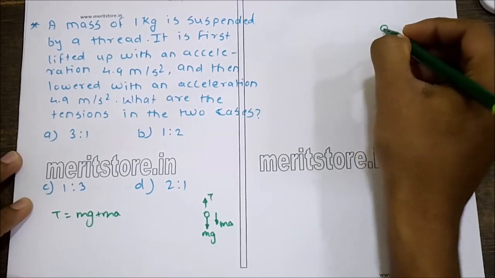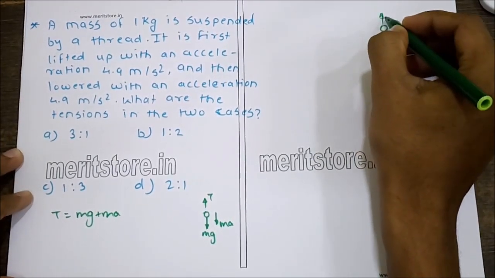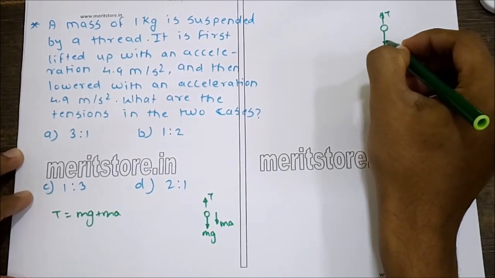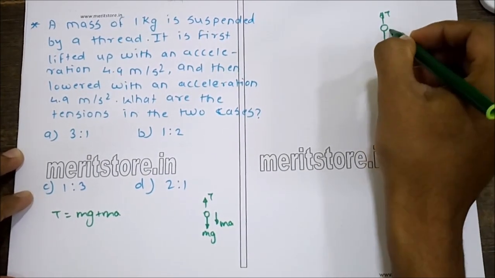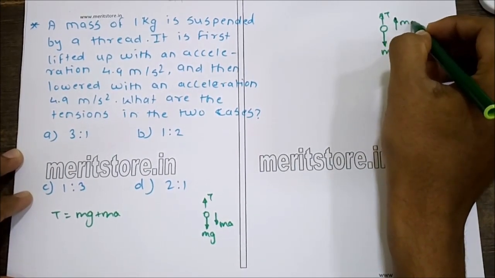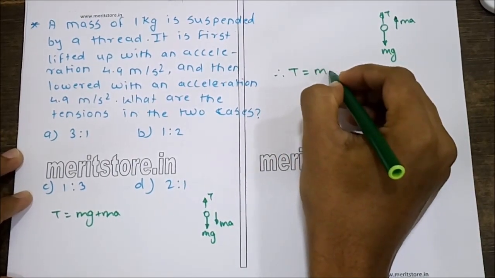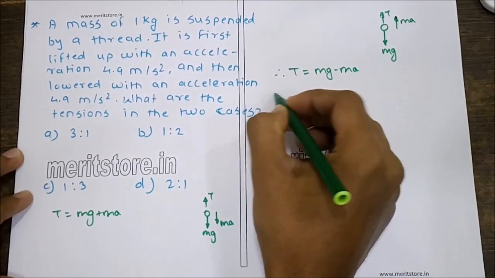Whereas when the mass is being lowered, the tension in the string is acted on by mg, and since it is being lowered, the inertial force acts in the upward direction. Therefore, tension is balanced by mg minus ma.